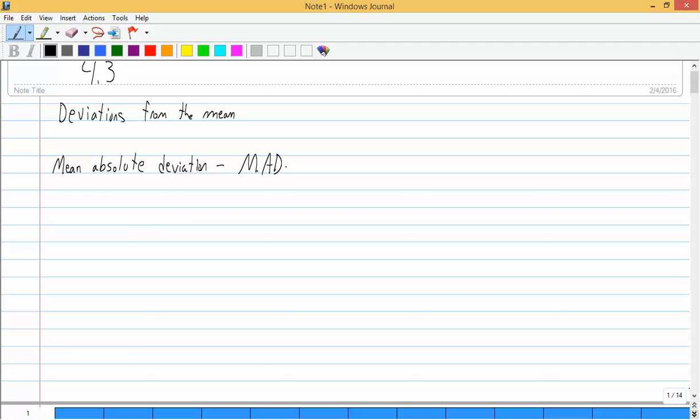So kind of funny. But the MAD, it says the mean absolute deviation is equal to the summation of |x sub i minus x bar| all over n.